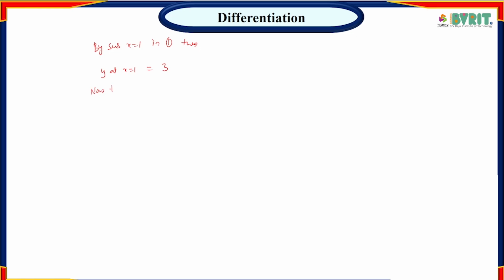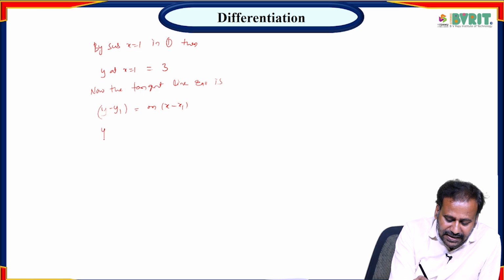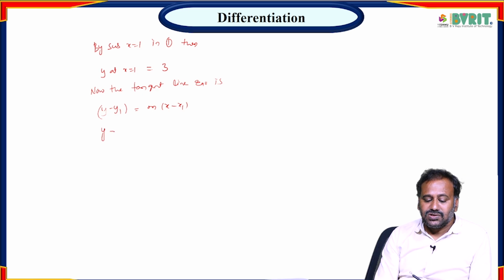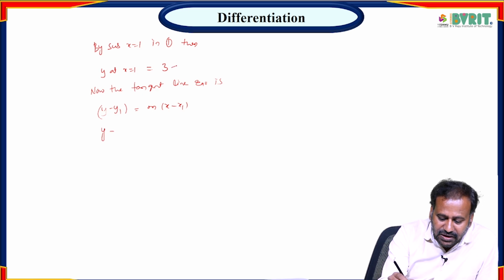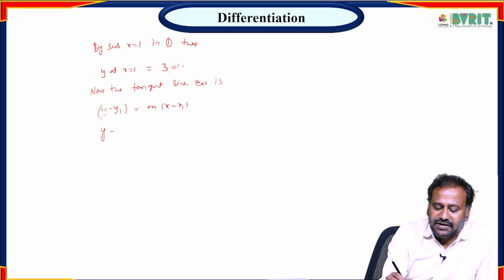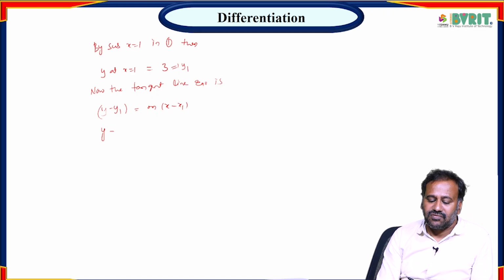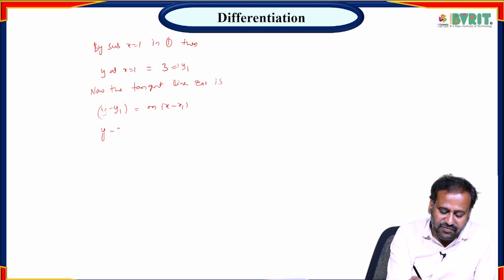now the tangent line equation is y minus y1 equal to m into x minus x1. So y I am writing as it is, minus y1, which means whatever value I have calculated for y at x equal to 1, that is y1. So that y1 value is 3.